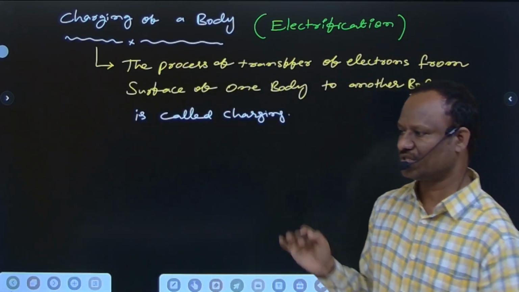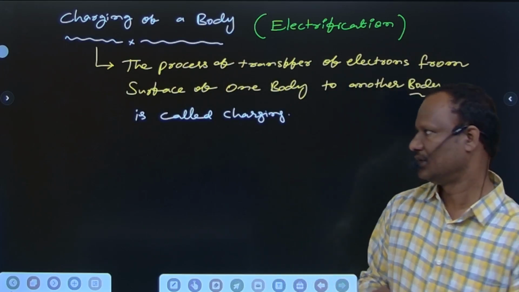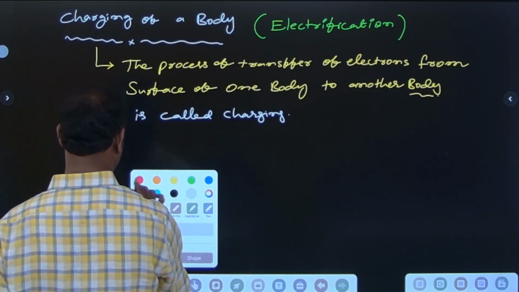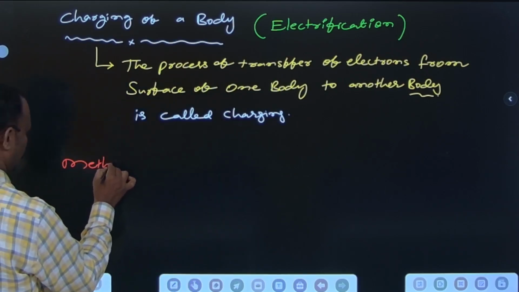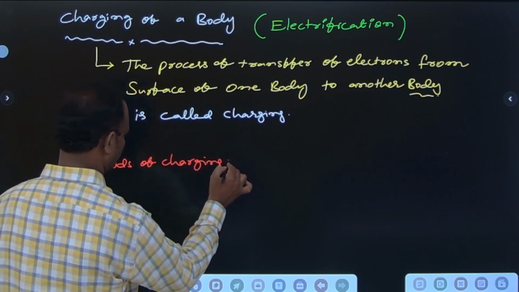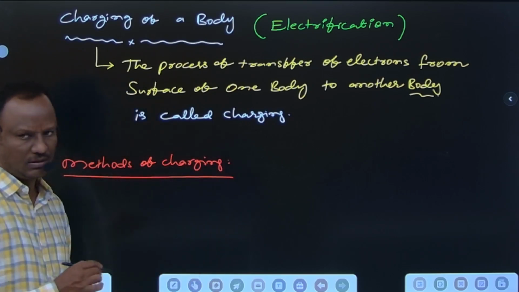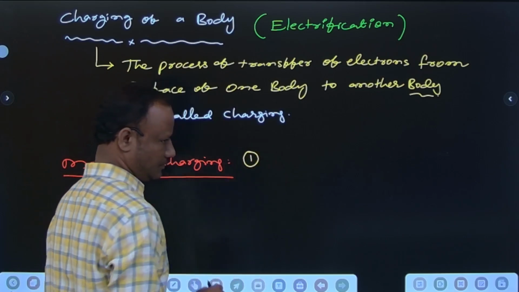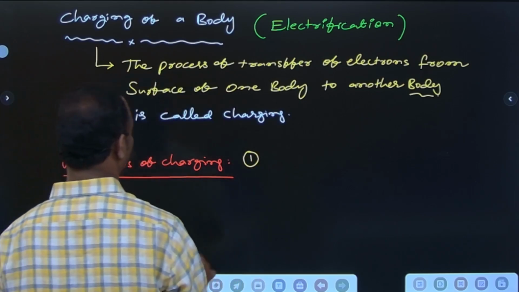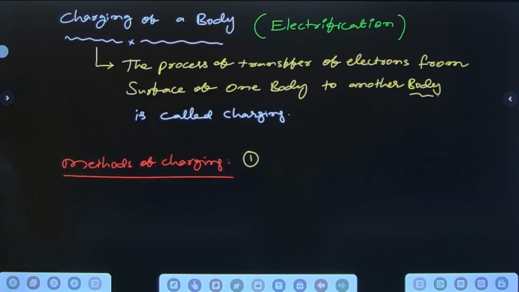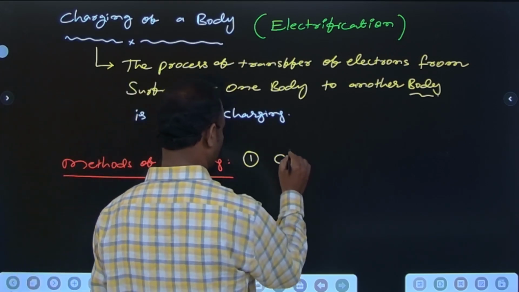What are the methods of charging? Very important. For the methods of charging, the first one is charging of a body by electrification, or charging by friction.